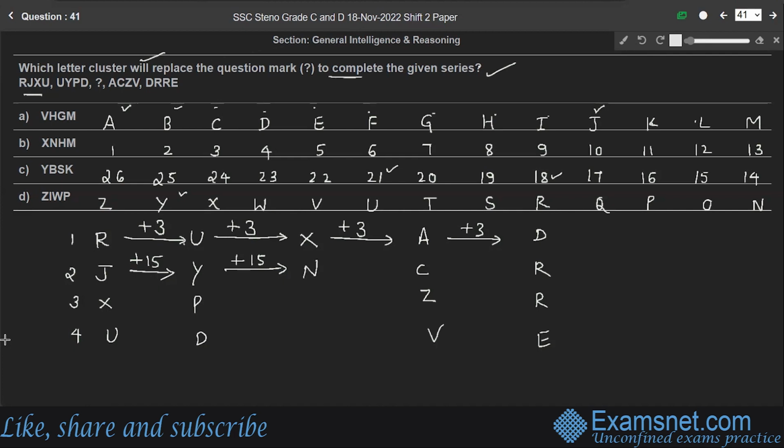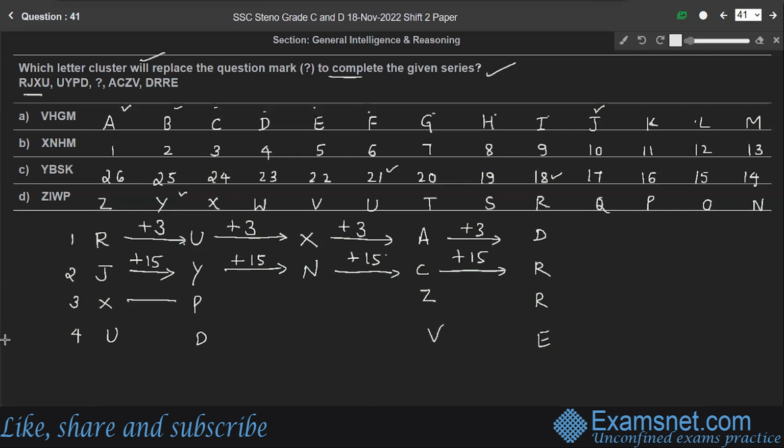Therefore, Y plus 15 is N, and N plus 15 is C, right? N is 14, plus 15, so N plus 12 is 26, 13, 14, 15 is C. And C plus 15 is R, right?